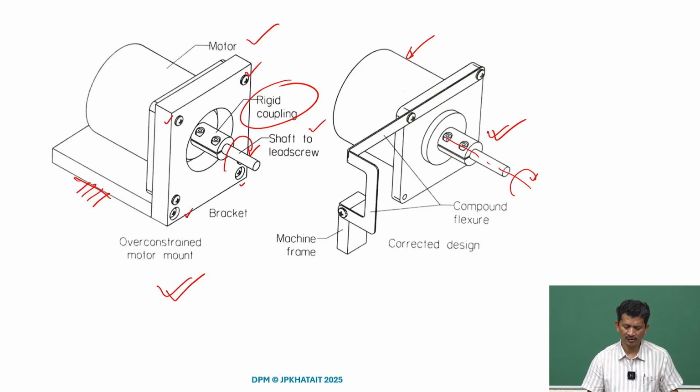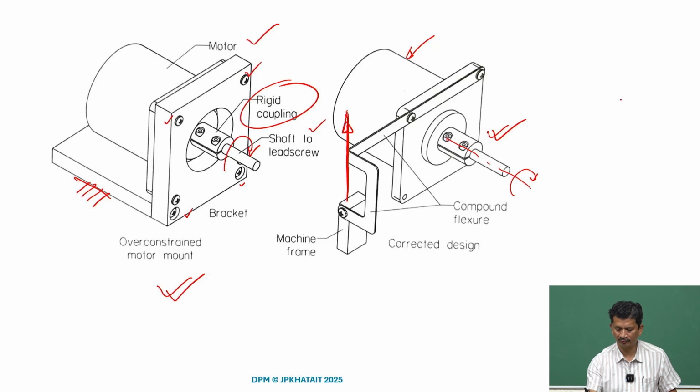So, one of the things you learn is that unless you restrict the motion of the motor in the rotational direction, you cannot provide sufficient torque. So, you have to constrain it. So, in order to constrain, you just provide a constraint along this line.